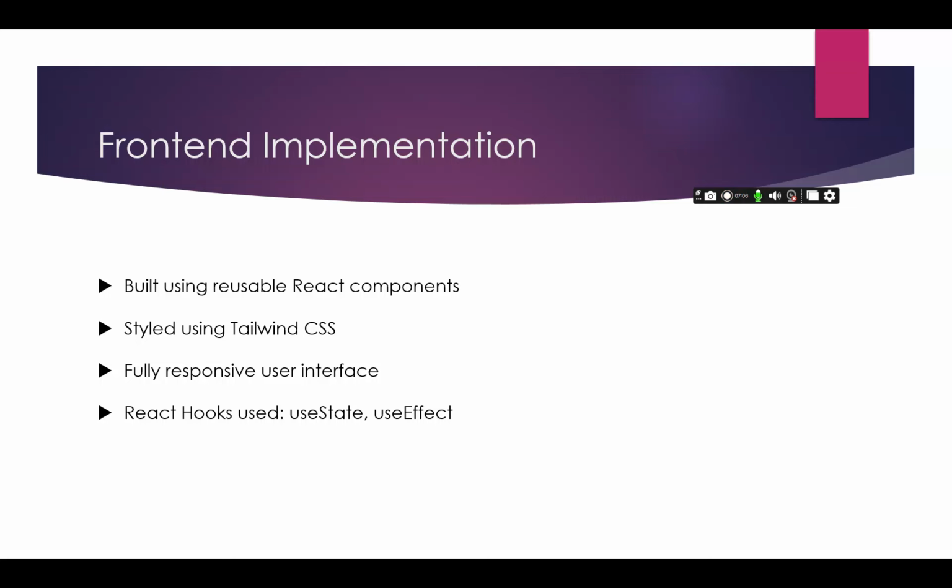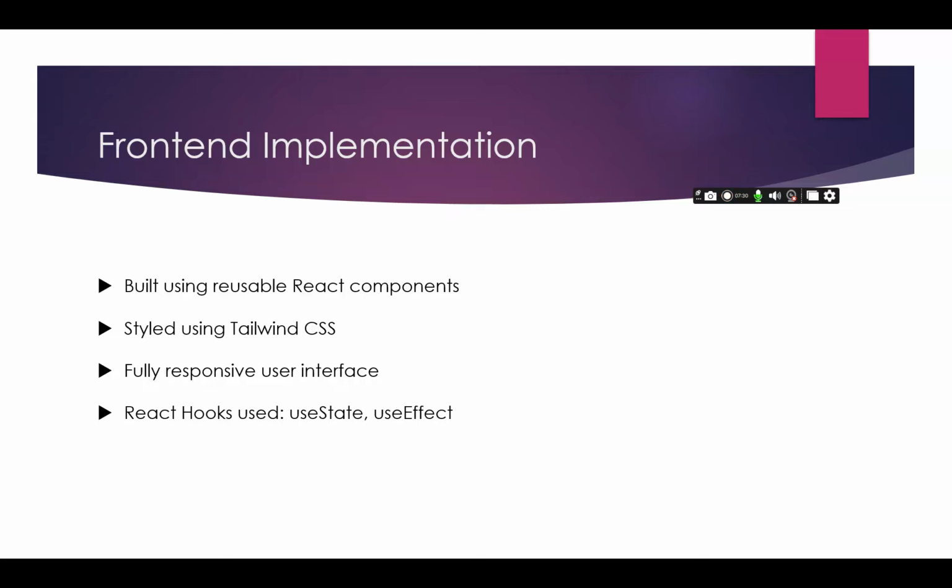For audio playback, I created a custom hook called useAudioPlayer, which manages all the player logic like play, pause, next, previous, shuffle, loop, mute, volume, and playback speed using useReducer for better state management.